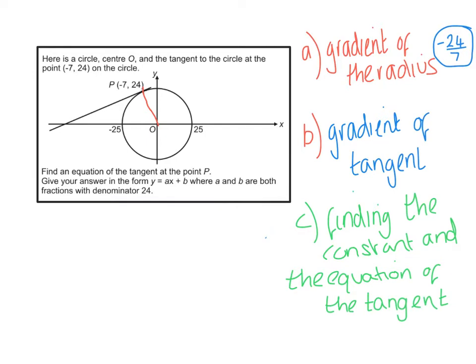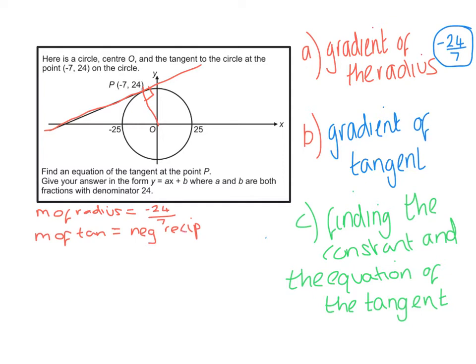So the tangent, which is this line here, is actually at right angles to the gradient, which means it's perpendicular. So m of the radius is -24 over 7. M of the tangent is perpendicular, so it's going to be the negative reciprocal, which we've looked at previously.